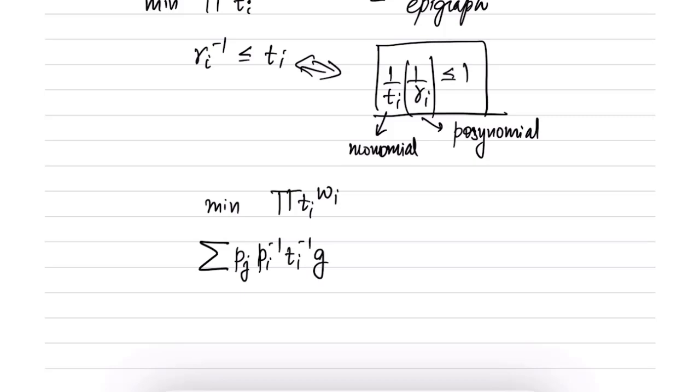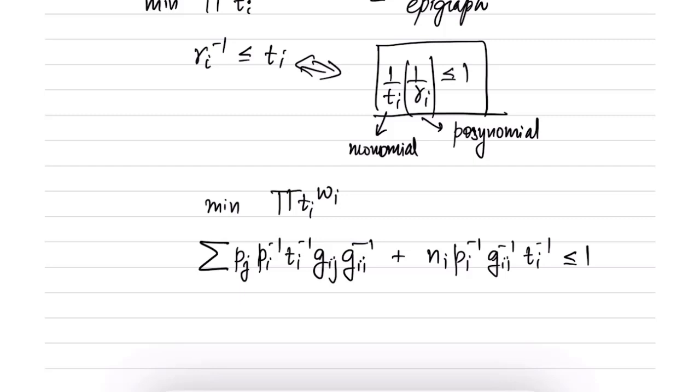To summarize, we have written our problem as minimize the product of Ti raised to the power Wi, which is a monomial, subject to the constraint that the sum over j of Pj Pi inverse Ti inverse Gij Gii inverse plus Ni Pi inverse Gii inverse Ti inverse is less than or equal to 1.